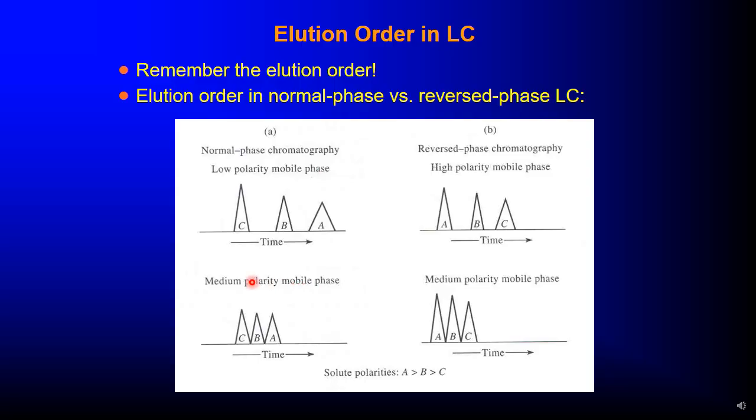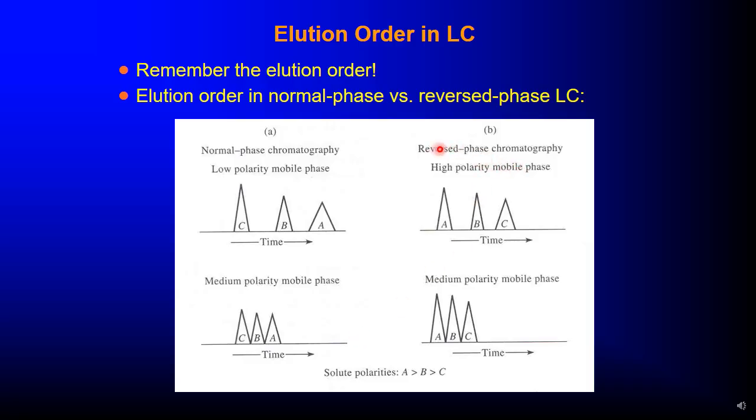So if you are dealing with normal phase chromatography, your mobile phase should have very low polarity, and that will give you a very good separation, compared to this, which is not a very good separation. Then the same with reverse phase.